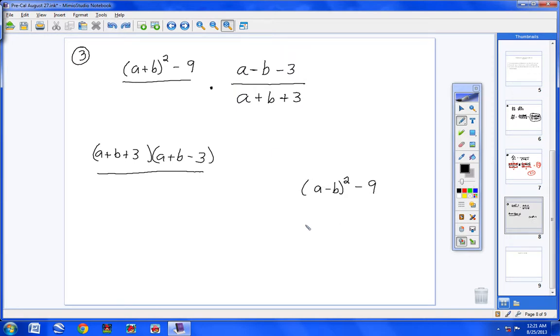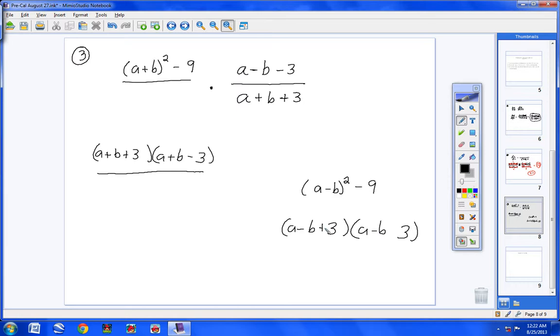Exact same thing. I've got a minus b squared, so I know the square root of a minus b squared, and I know the square root of 9. So I'm going to go ahead and put my 2 parentheses. And look, well, we know the square root of 9, that's easy, 3. So I put a 3 and a 3. The square root of a minus b squared is a minus b, a minus b.